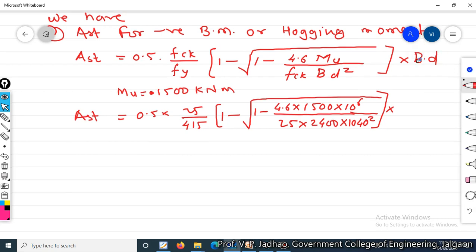Therefore the steel comes out to be 4109.04 mm square.